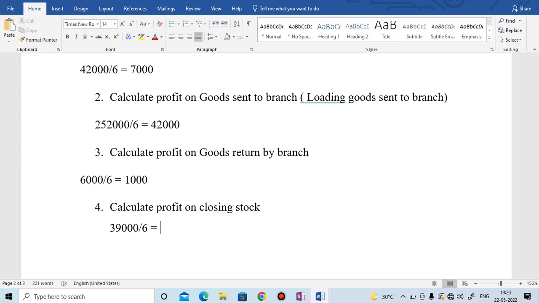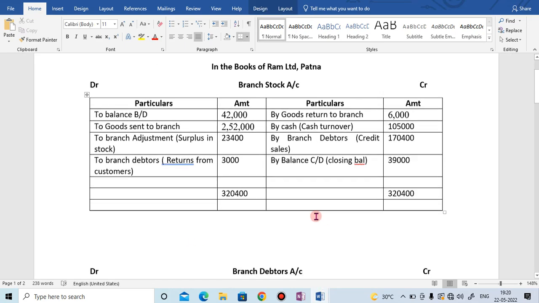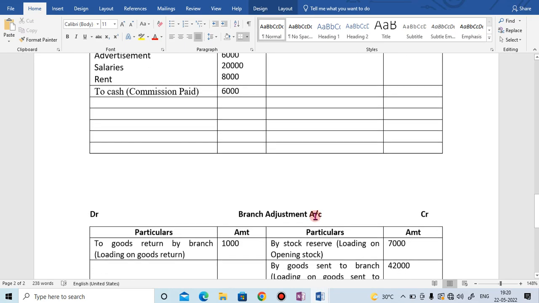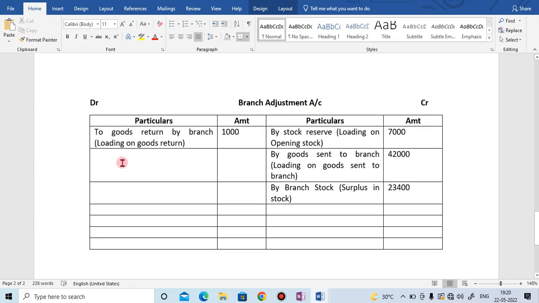So we get 6,500. This 6,500 we have to write down in the branch adjustment account: to stock reserve, loading on closing stock, 6,500.